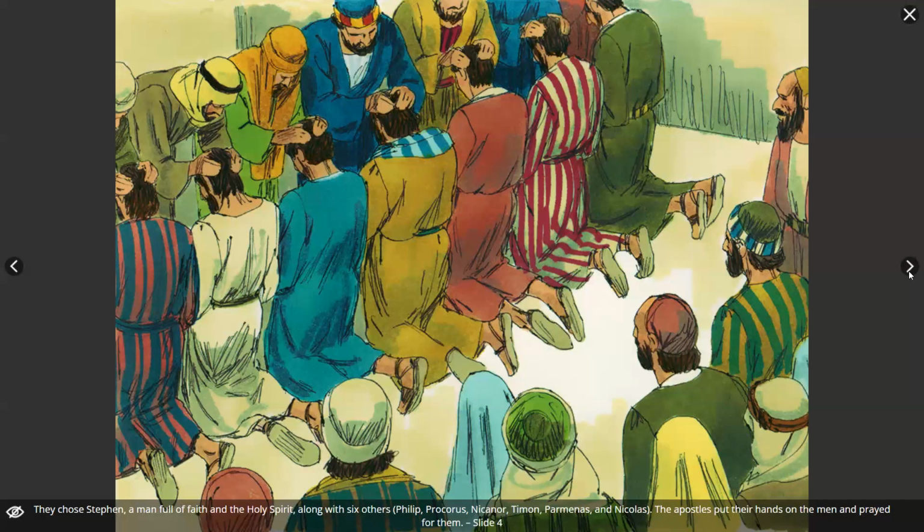We said 7 men: Philip, Prochorus, Nicanor, Timon, Parmenas, Nicholas, and Stephen. No one said David. So give me one man that was one of the 7 helpers. Nicholas. Very good.